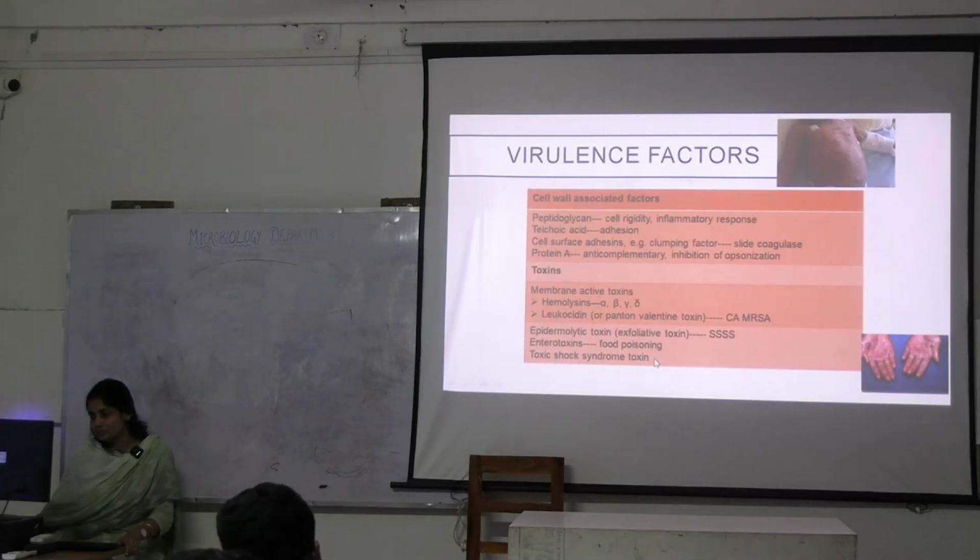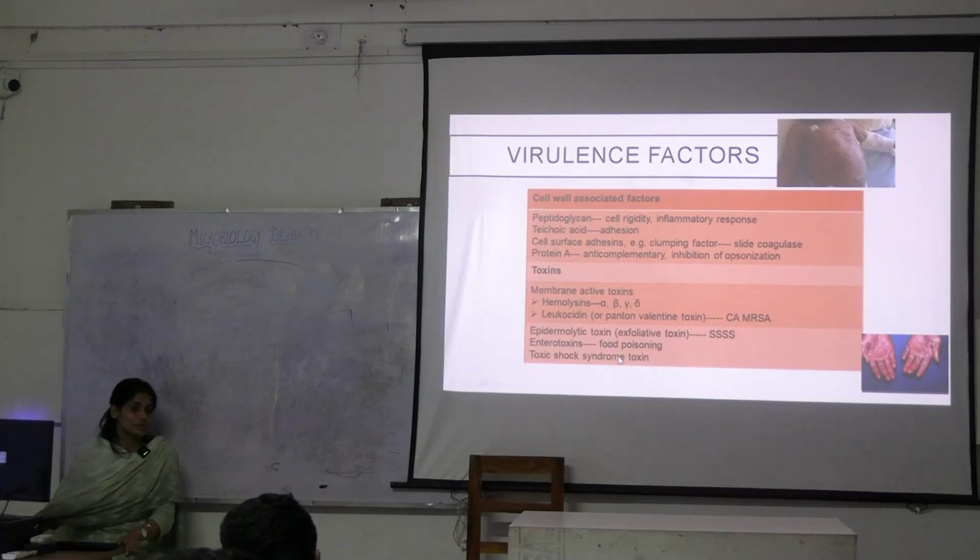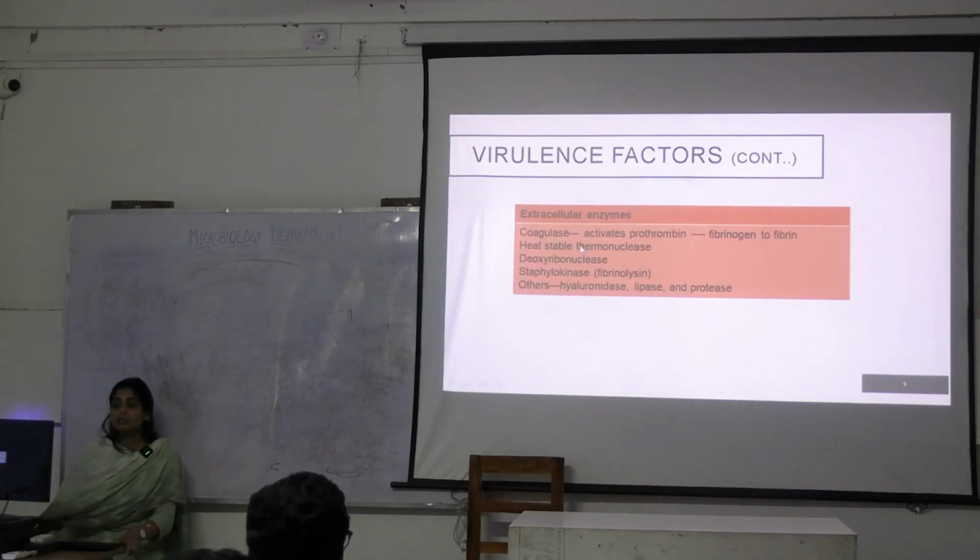Okay, all these, what are these? Preformed toxins. Okay, this enterotoxin is a preformed toxin, and these are all toxin mediated diseases we discussed. Coming to extracellular enzymes, it means these enzymes are released by Staphylococcus. What does Coagulase do?